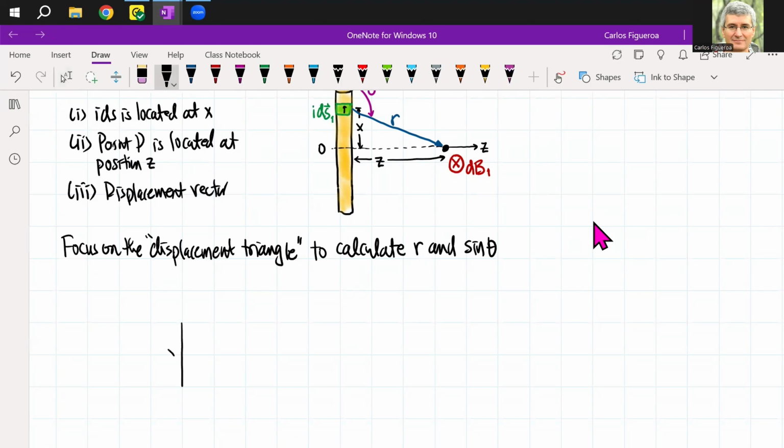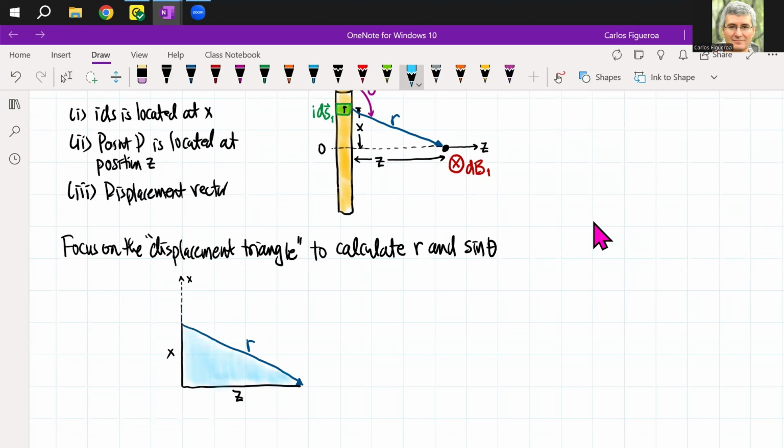That's going to be my distance x. Now note that this is the x-axis right in here. Now I have my displacement vector that goes from here to here. And then I have my z length right there. So this is what I have to focus on, this triangle right here.